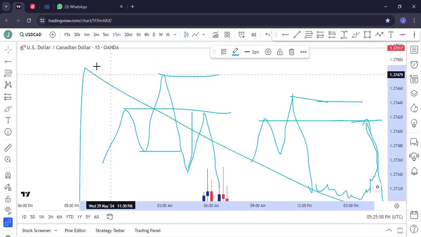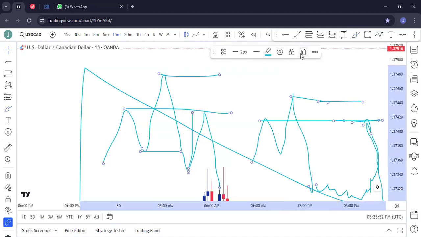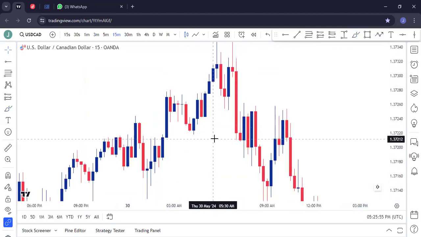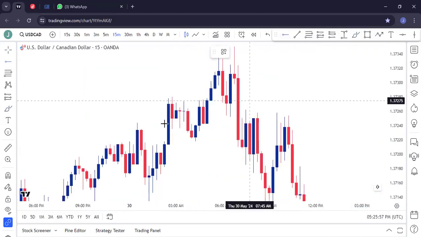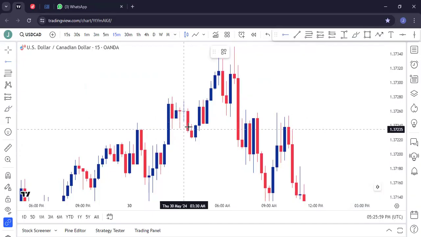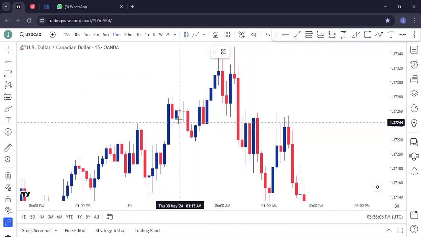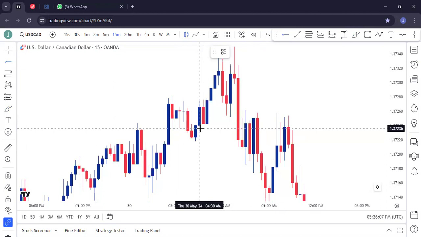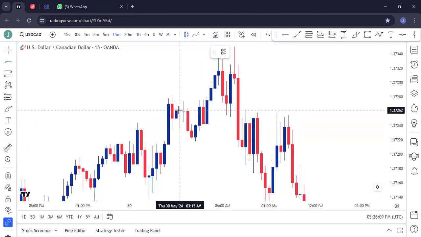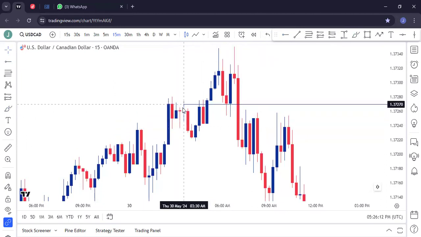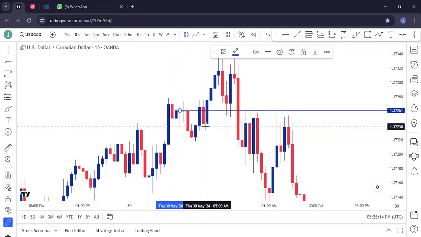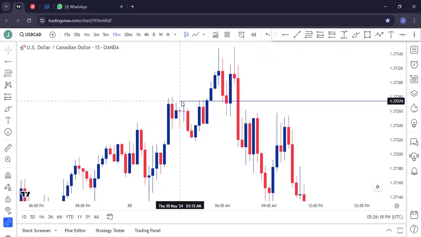In this case here, after the market created this break of structure and changed the character, we mark the entry point. The entry point is here. We mark the body of the candle, not the wicks. Remember that.